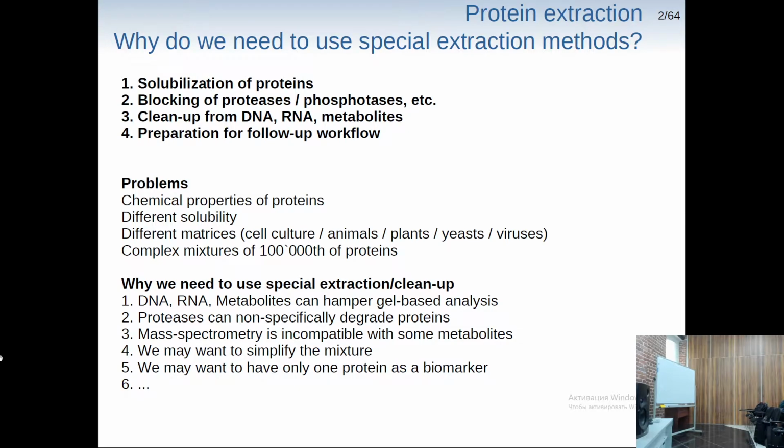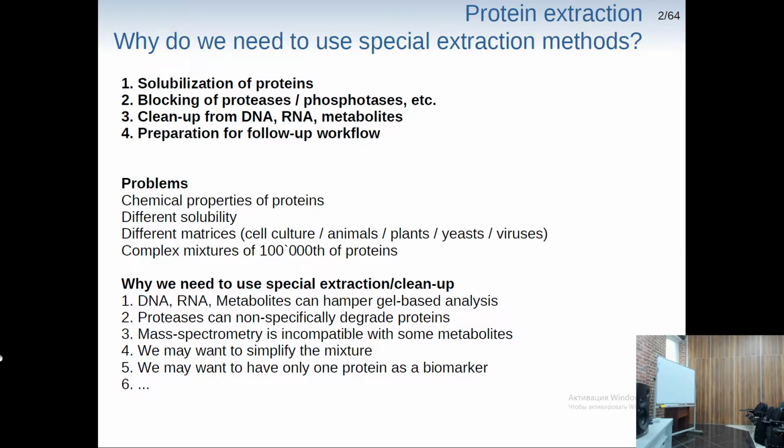We already discussed it. There are some additional secondary metabolites, for instance, and also different cells have different cell walls. For instance, if you are working with yeasts, they have this cell wall of polysaccharides, which you have somehow to break. It can be done with harsh conditions like liquid nitrogen, where you just grind it, or with small glass beads in a machine which vibrates and breaks those cells.